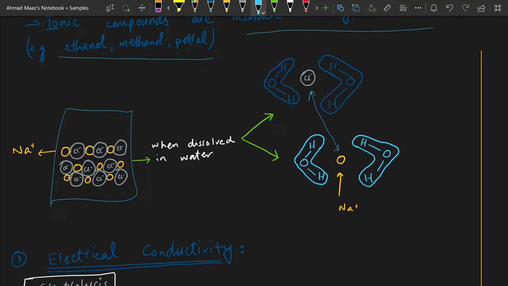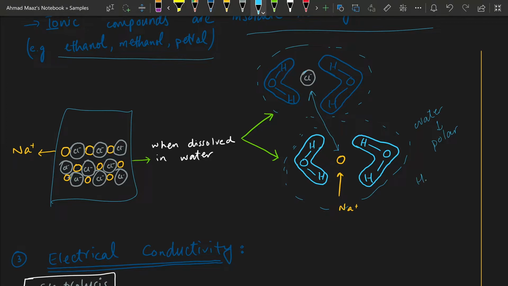How? This water will surround these chloride ions, and water will also surround these sodium ions by breaking them down. Why? Because water itself is a polar liquid, which means water has charges.